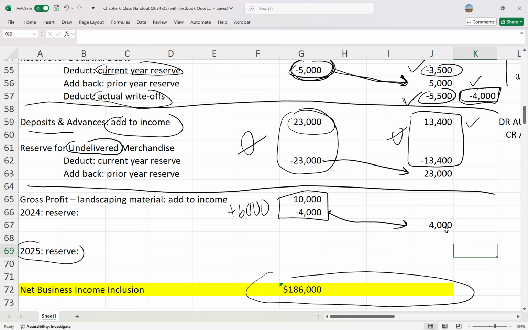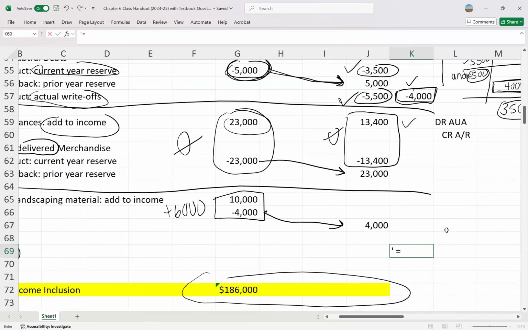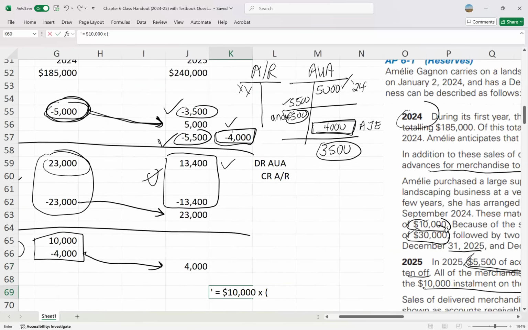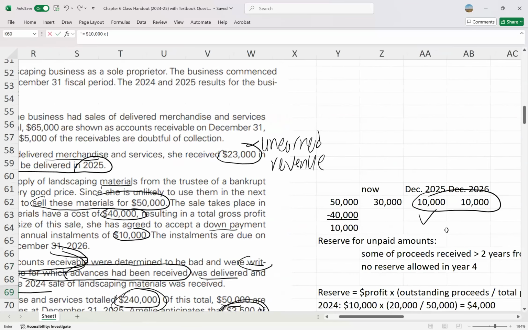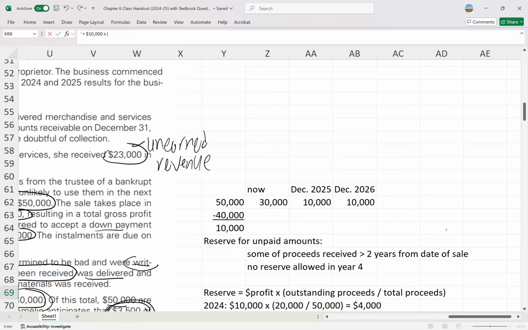The way we calculate the reserve again is we take the gross profit, multiply by the outstanding proceeds at the end of 2025. So remember, at the end of 2025, there's only going to be 10,000 outstanding because we got the 30,000 when we made the sale. We got the 10,000 this year.